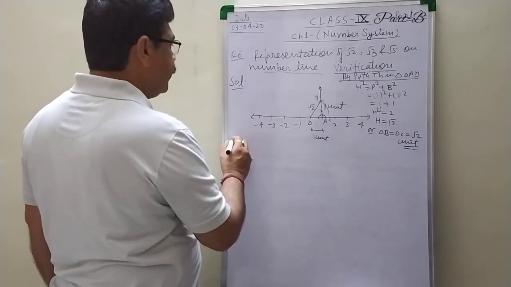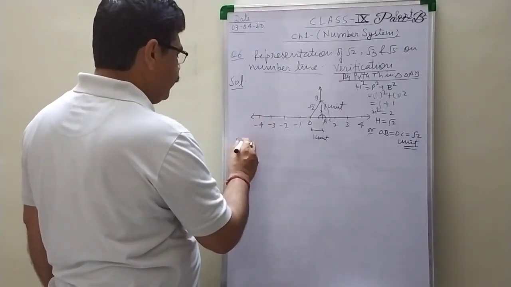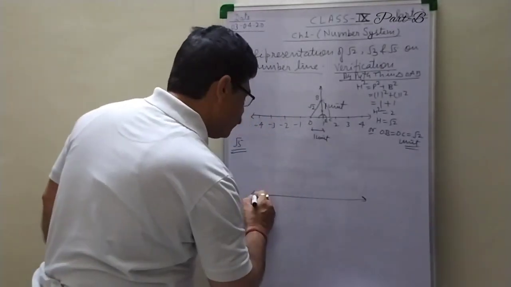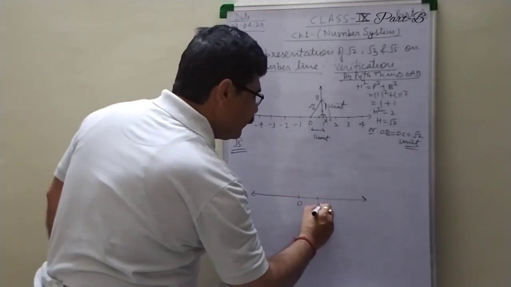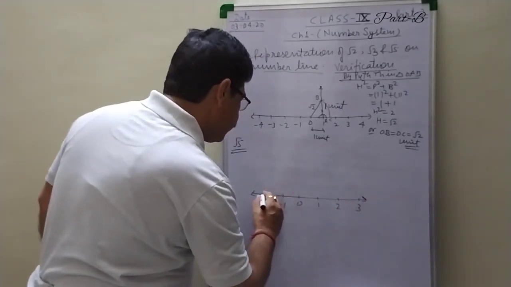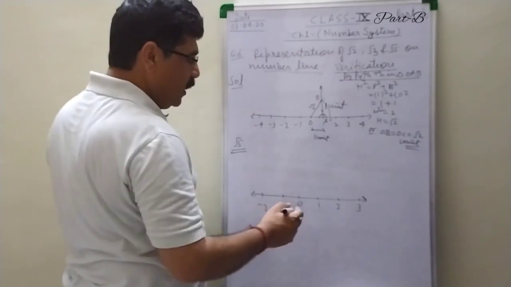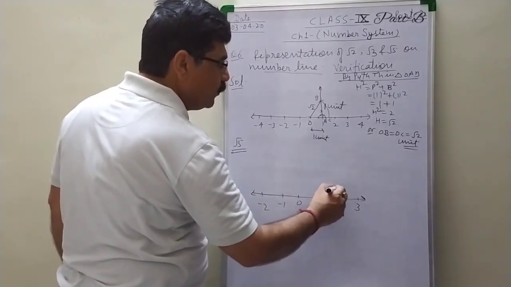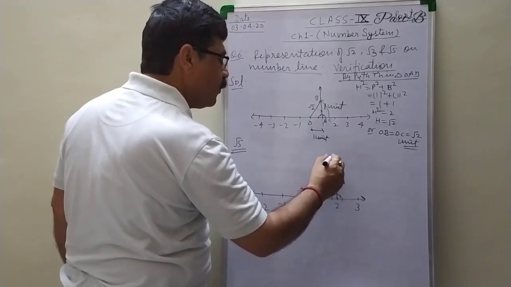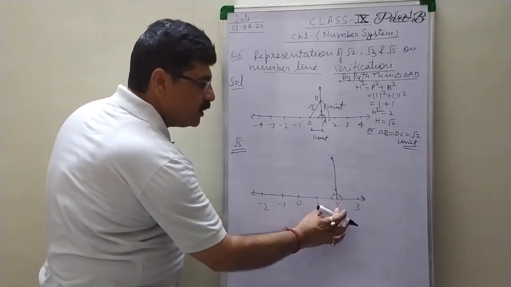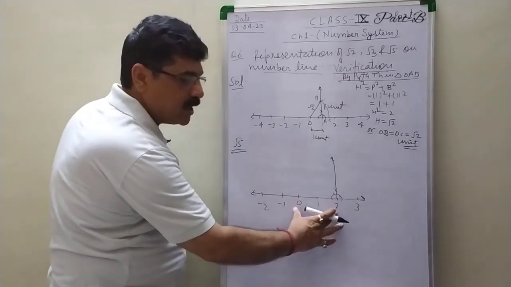Similarly for root 3, or first we take root 5. For root 5, we draw a number line and take 1 unit distance, minus 1, minus 2, etc. Now we draw an angle of 90 degrees at point 2. This is 1 unit distance, this is 1 unit distance, so the total is 2 unit distance.